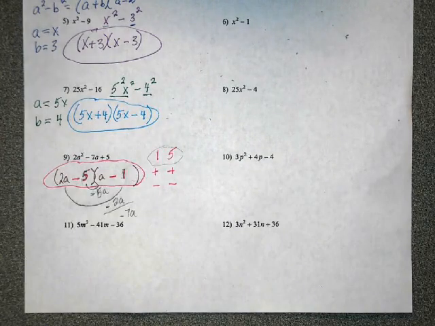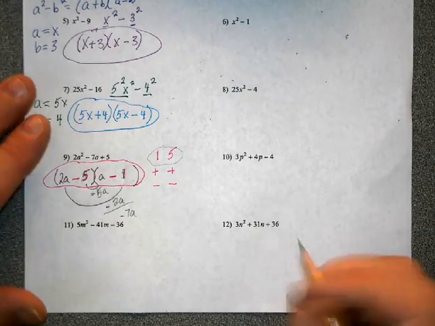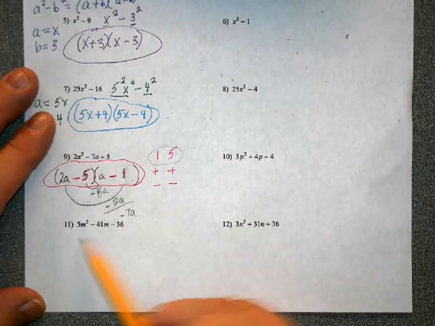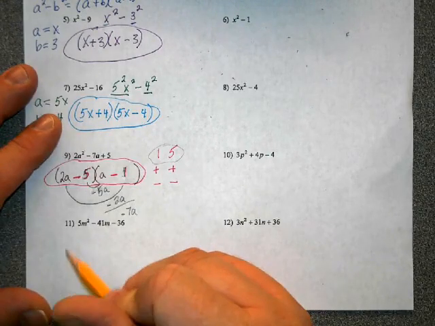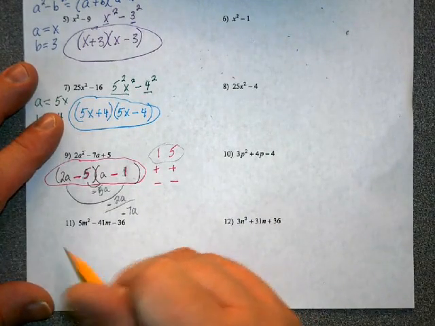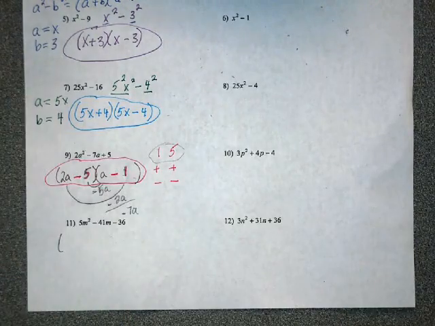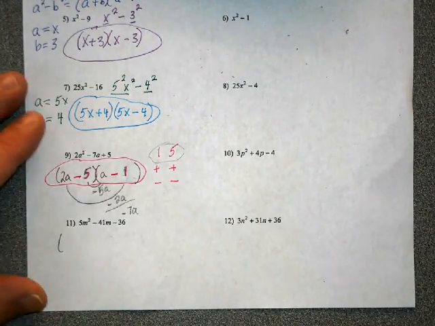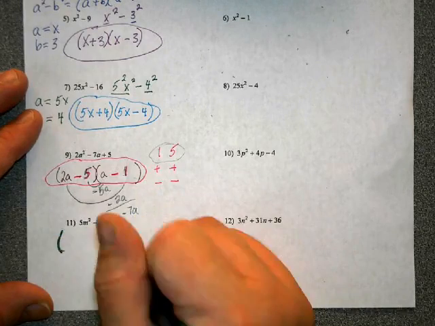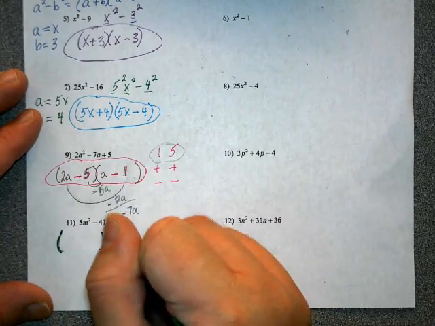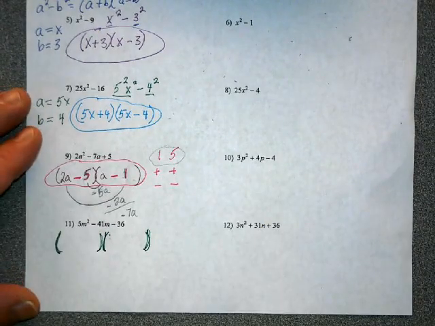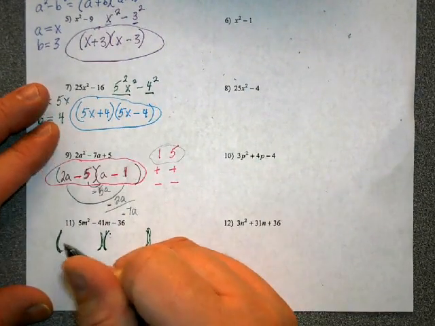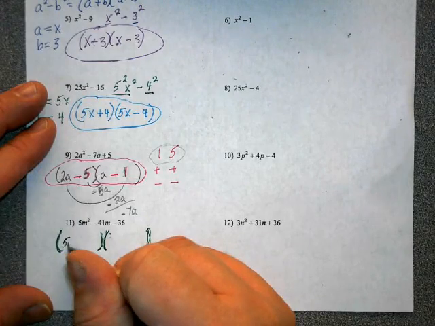And then let's do number 11. Again, there's nothing I can take out. So I'm going to go directly to my factors, right? Only one way to get 5m squared: 5m times m.